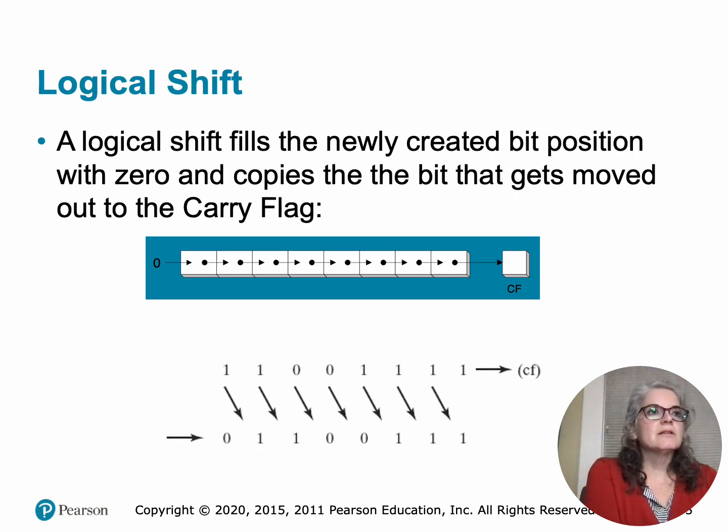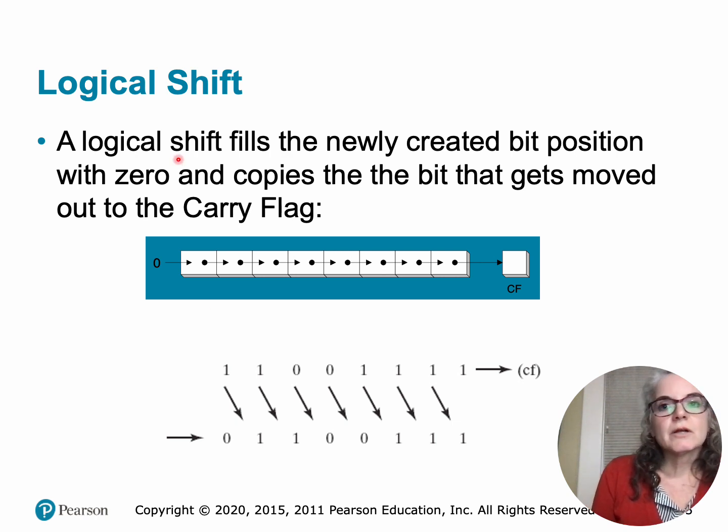All right, so let's look at the logical shift. A logical shift fills the newly created bit position with 0 and copies the bit that gets moved out to the carry flag.